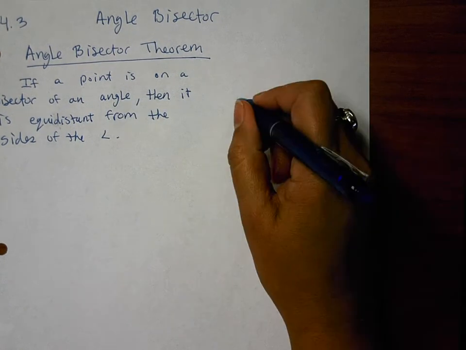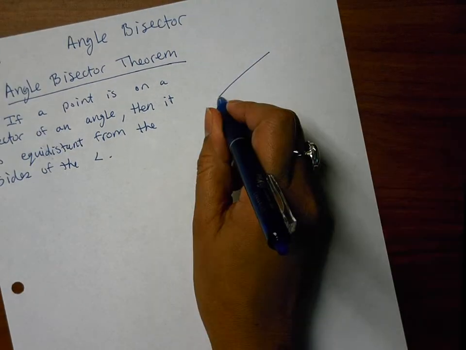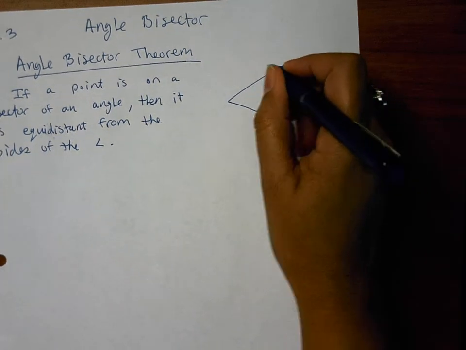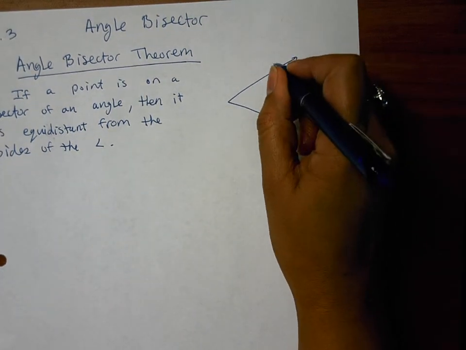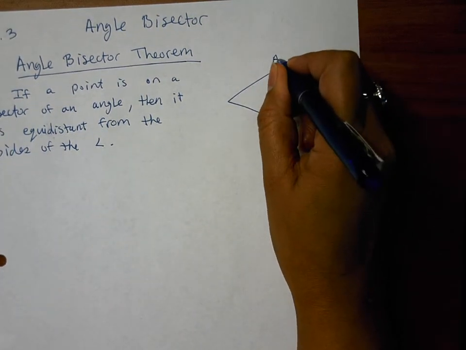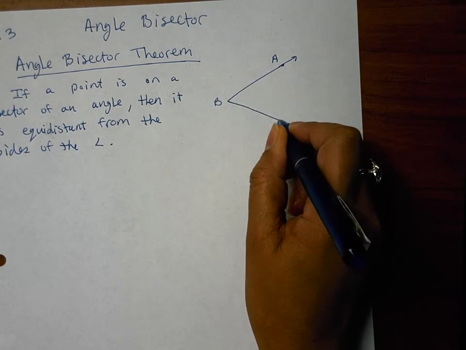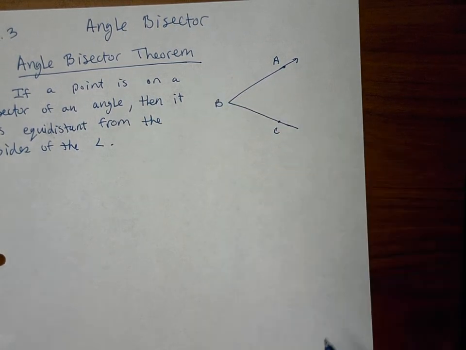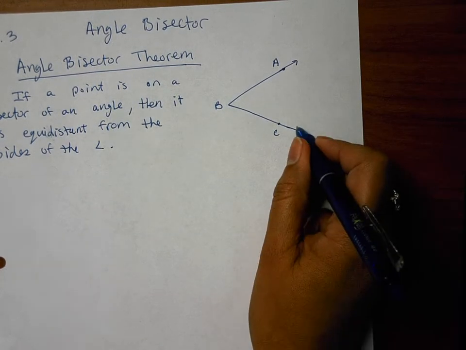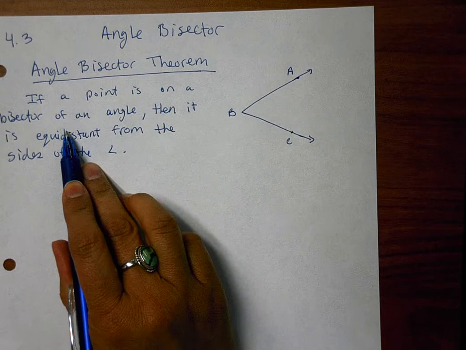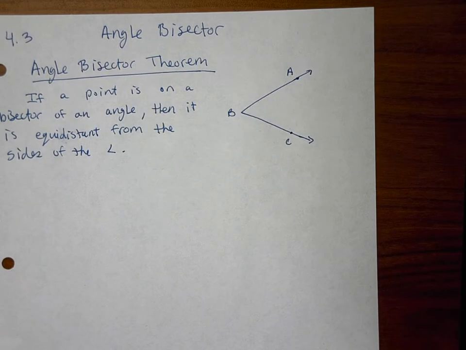All right, let's draw a picture. So we have an angle. We'll call this angle A, B, C. Okay, so if a point is on a bisector of an angle, let's draw our bisector.